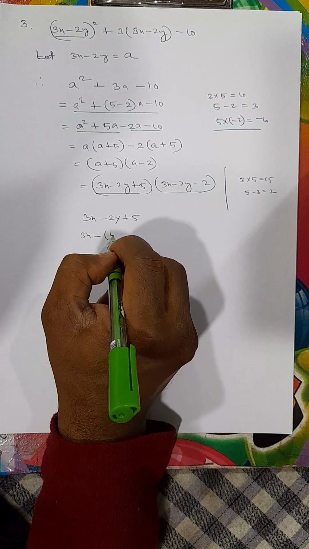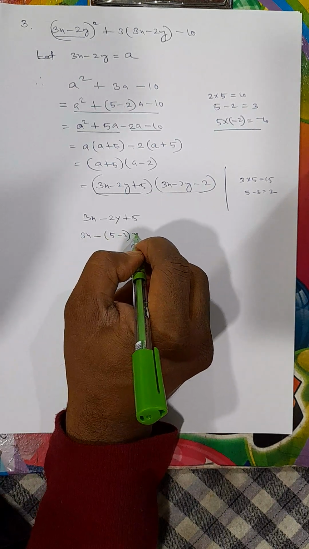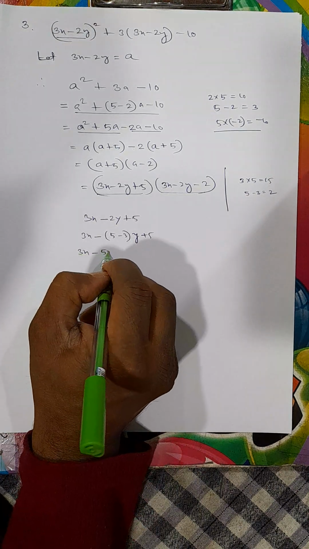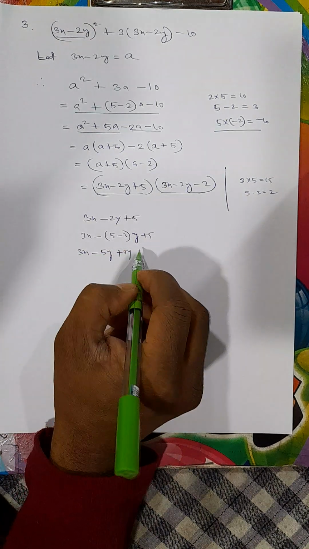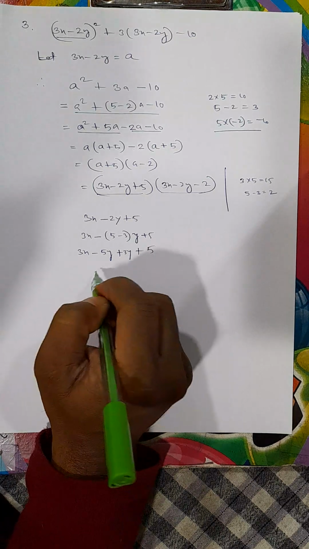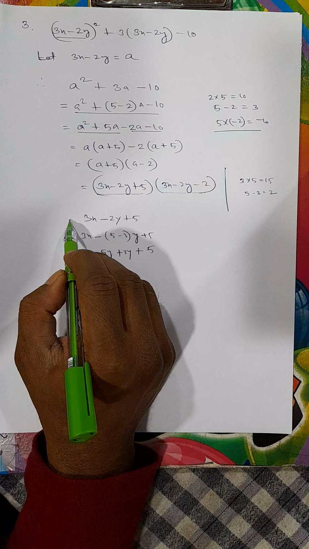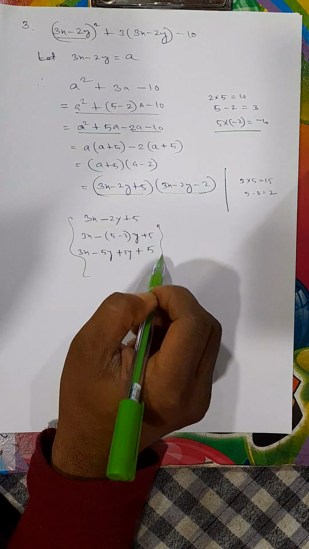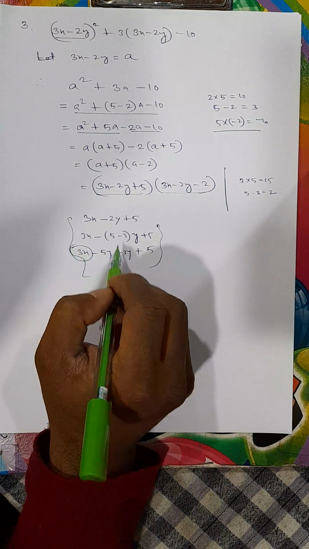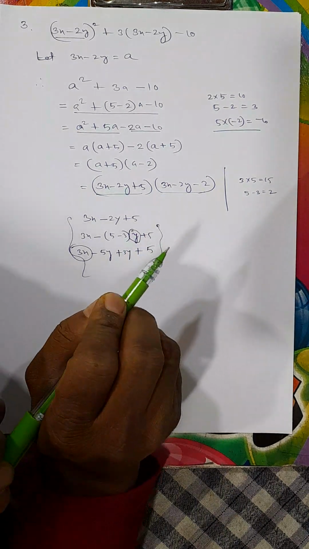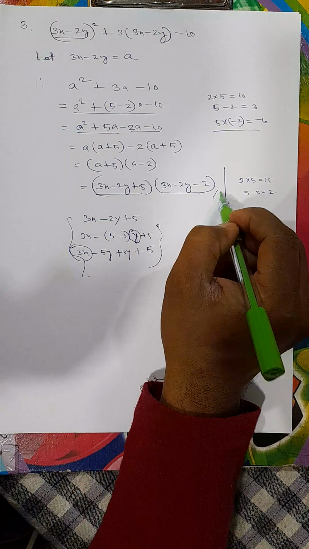It becomes 3x minus 5y plus 3y plus 5. But it is of no use, right? Since one term contains x and the middle term contains y, there is no use of this. So this is the final answer.